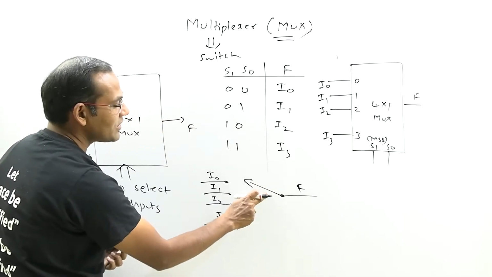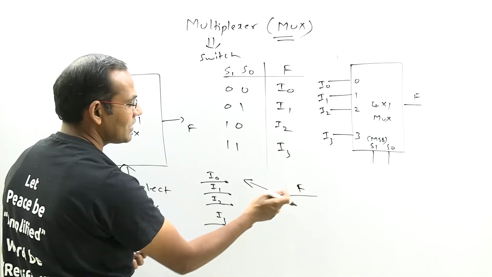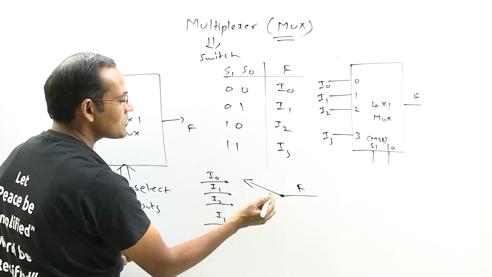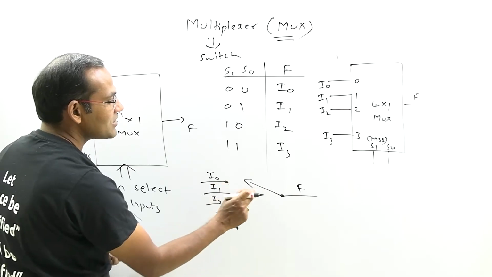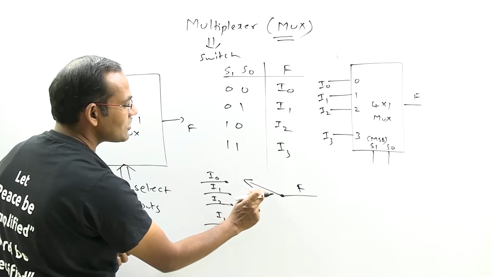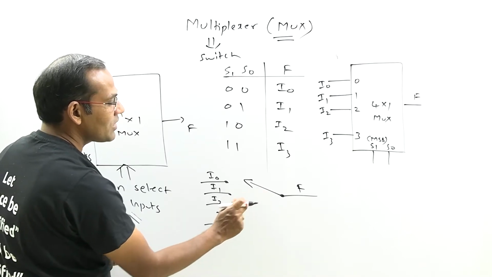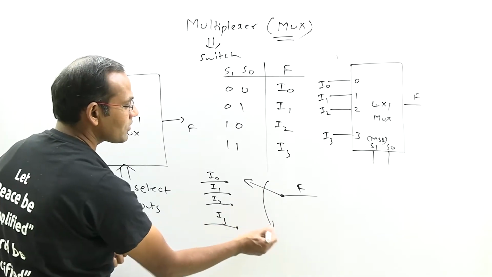The switch is connected to either I0, I1, I2, I3 based on selection. If selection is 0, 0, this switch is connected to I0. If selection is 0, 1, the switch is connected to I1. If selection is 1, 0, the switch is connected to I2. If selection is 1, 1, the switch is connected to I3. Like this it will work.